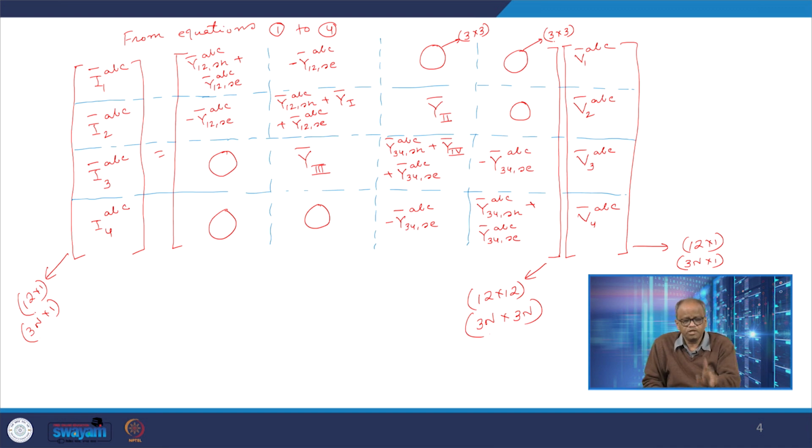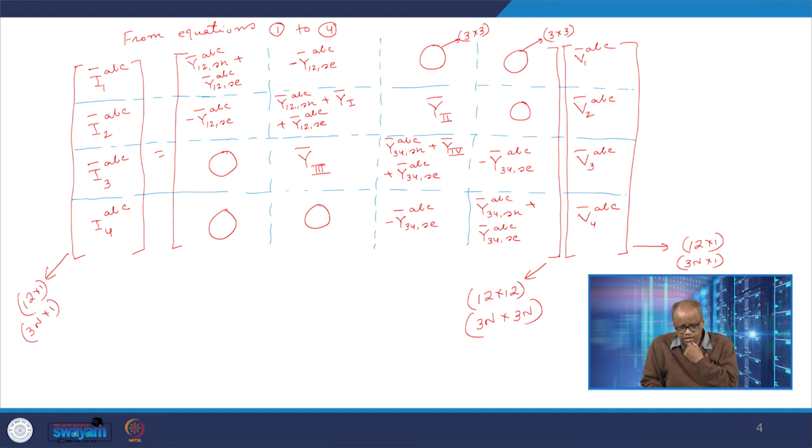So it appears that the rule we formed earlier is not exactly matching, because although bus 2 and 3 are directly connected with a transformer, this off diagonal element is not the negative of the admittance connected between them. It is rather the admittance connecting bus 2 current with bus 3 voltage. So it is not negative. That is the first point.